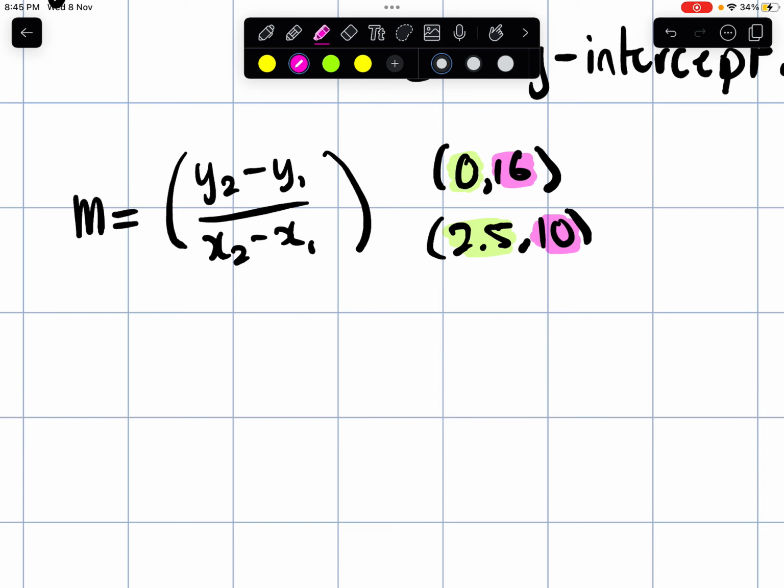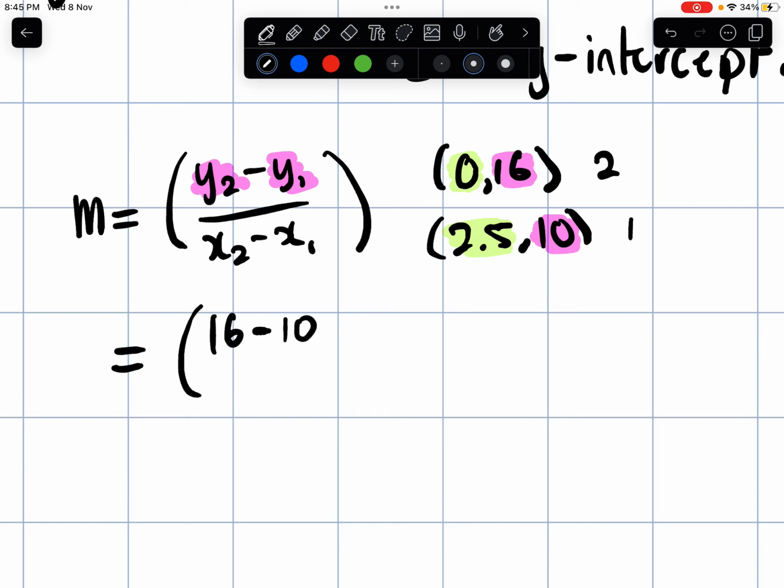So y2 minus y1, 16 minus 10, over x2 minus x1, which is 0 minus 2.5.